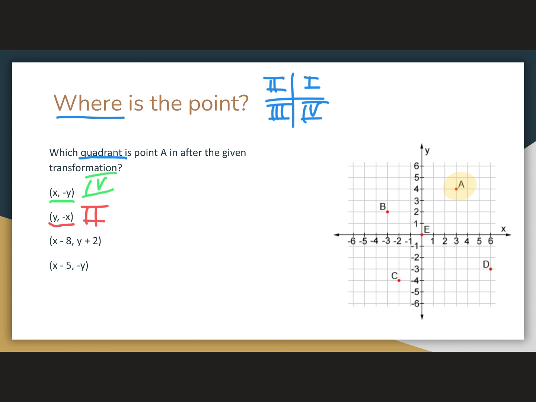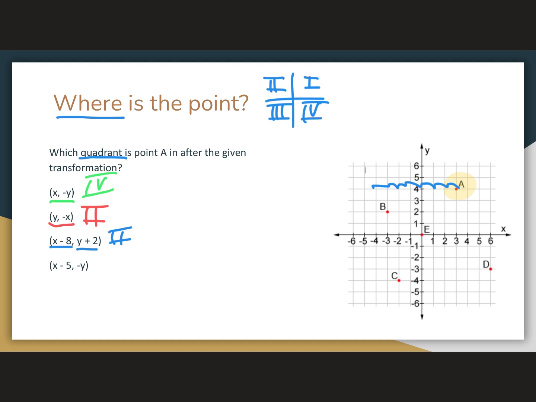So what if I do (x minus 8, y plus 2)? That means I'm going to move it left 8. So we're going to go left 8, 1, 2, 3, 4, 5, 6, 7, 8. And then up 2, I'm in quadrant 2.